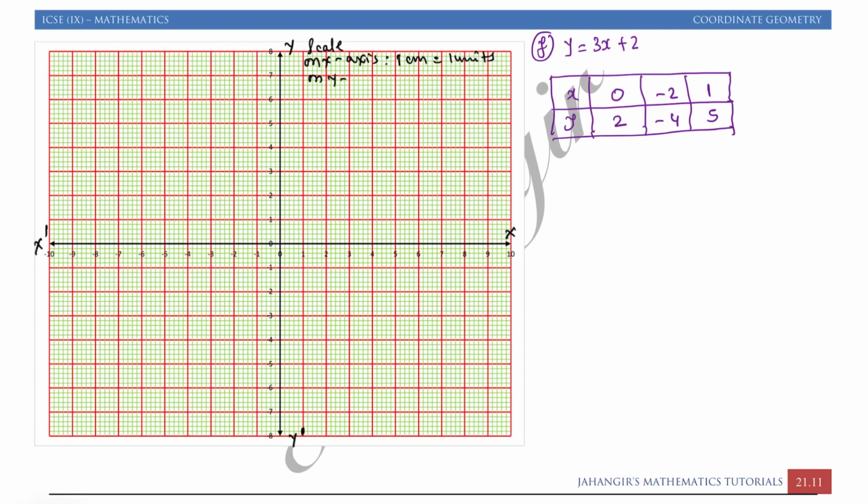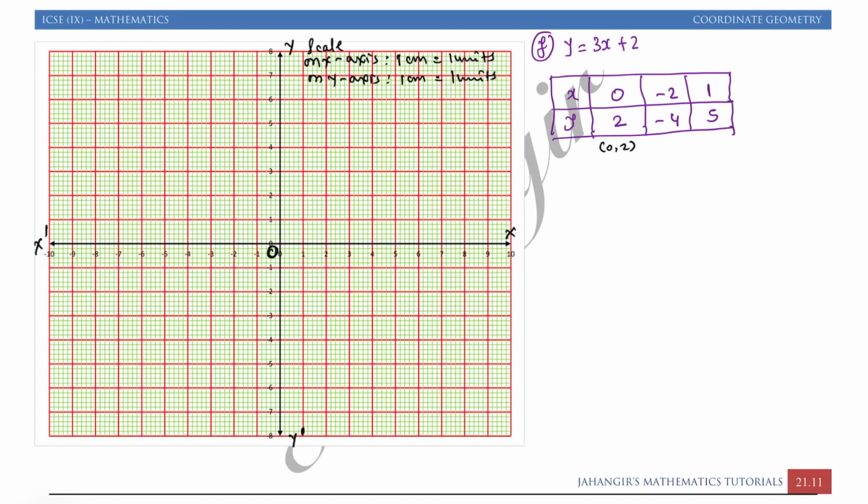On the y-axis, 1 centimeter is equal to 1 unit. This is the 0, which is the intersection of the two axes. So let us start plotting 3 points on the graph. The first is 0 comma 2. This is 0 comma 2.